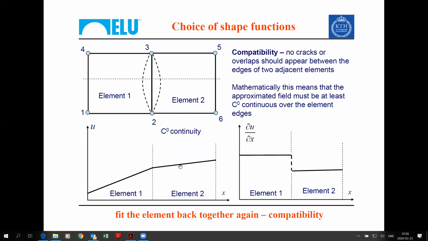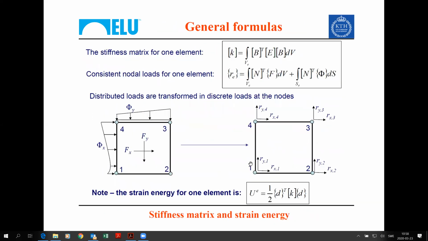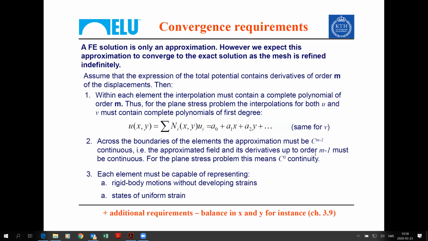The function is continuous, but the first derivative not necessarily. If we would have had, say, second order derivatives in the expression of the total potential, then we would have required a polynomial of order 2, and we would have required C1 continuity. That is, both u and v and their first derivatives should be continuous. This will be the case for some plate and shell elements.